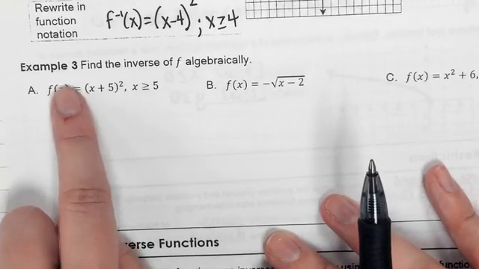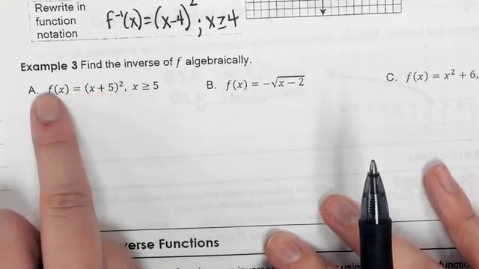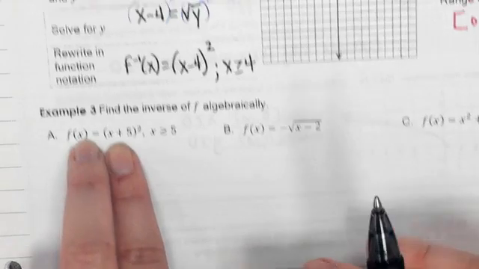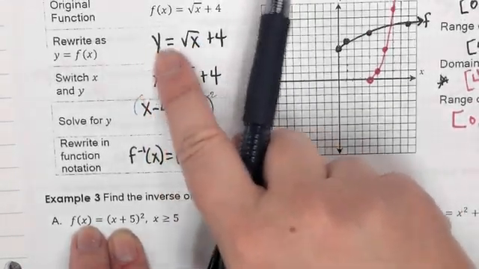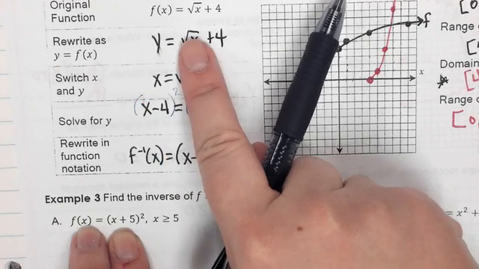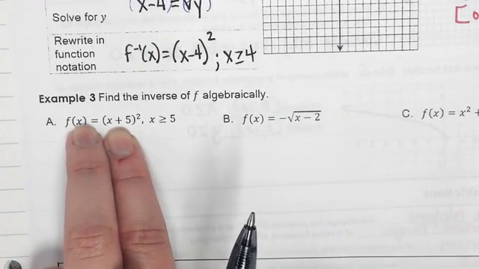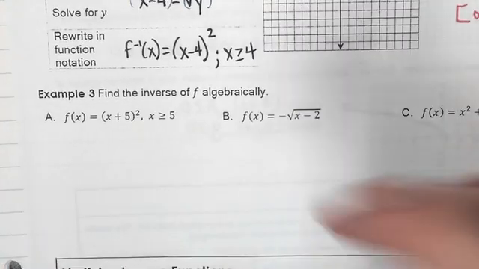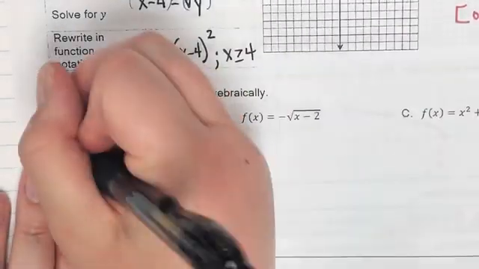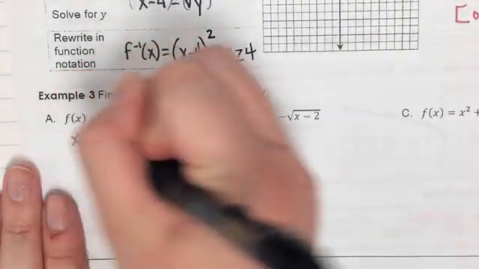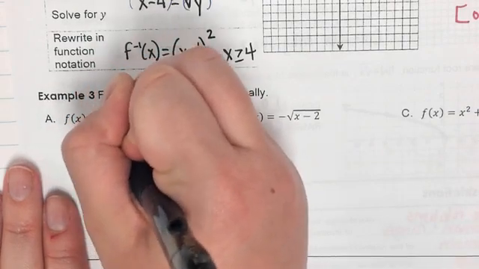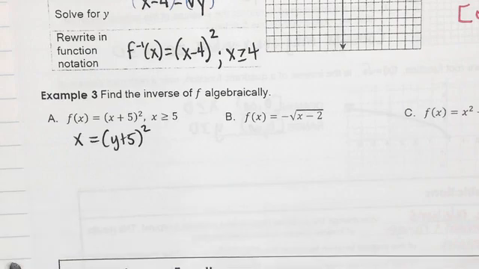So we begin here. Are we all okay if I skip this step, rewriting as y equals? Can I hop right to switching x and y? Most of you did that on your quiz anyway, so I think we're at a point where we can do that. So switching x and y, we get x equals y plus 5 squared.